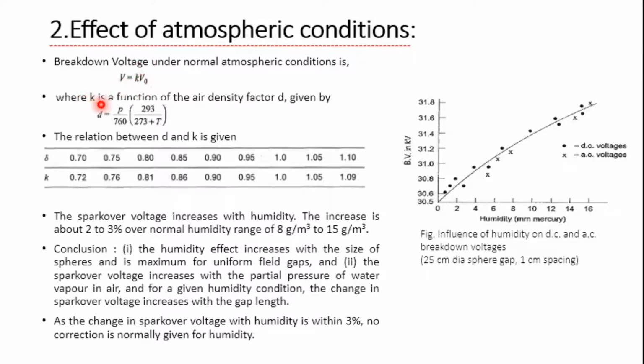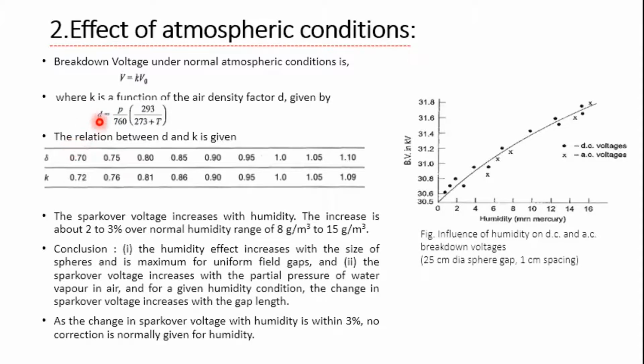K is a function of the air density correction factor, delta equal to P by 760 into 293 divided by 273 plus T, where P is the pressure and T is the atmospheric temperature. By substituting these values we can get the air density correction factor.